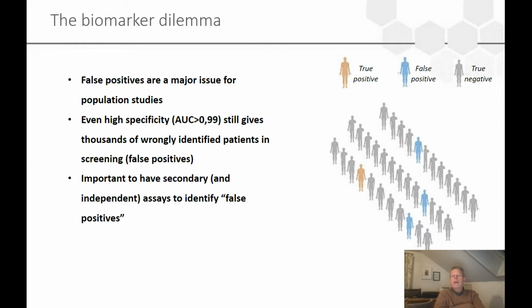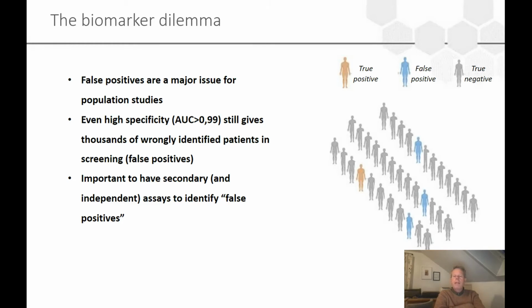So this means that when you're detecting a true positive, which is symbolized by the orange person here to the right, especially if you do a screening method, you will also identify false positives, which are symbolized with the blue persons here to the right. So even if you have a very, very high specificity, area under the curve maybe 0.99, it will still give you thousands of wrongly identified patients in a screening mode, false positives.